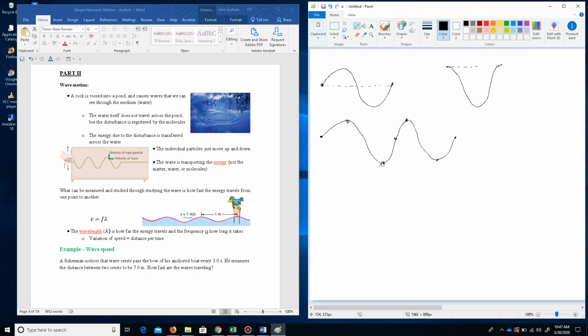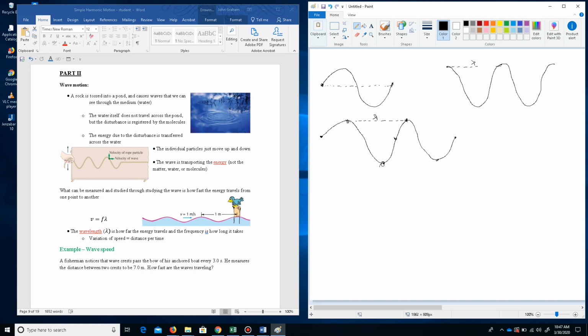So we can get the wavelength from just the top crest, or just the bottom crest. The top of one hill to the top of the next hill is the wavelength. And wavelength is measured in meters.